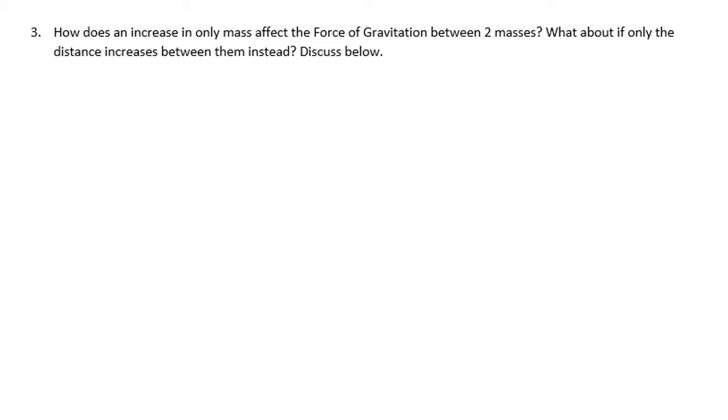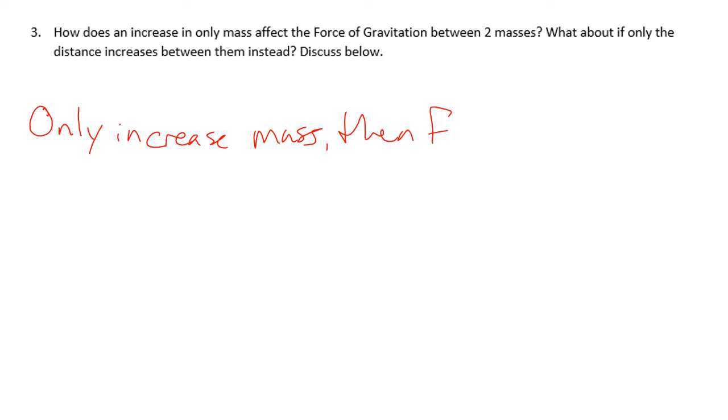For number three, how does an increase in only mass affect the force of gravitation between two masses? The second question was, what about if only the distance increases between them instead? So we're really applying numbers 1 and 2. If we only increase mass, then the force of gravitation will increase.